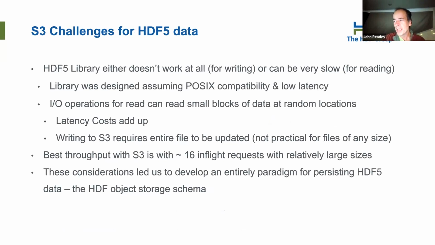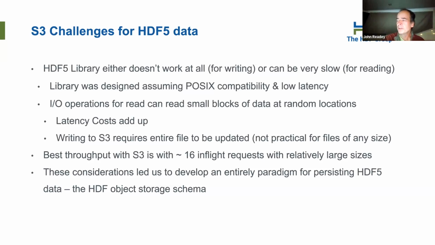S3 can actually be very high throughput, but not if you're doing a bunch of sequential reads. Your best performance is typically with 16 in-flight requests at one time, using relatively large sizes. That's why Alexander was talking about the importance of having a large chunk size.